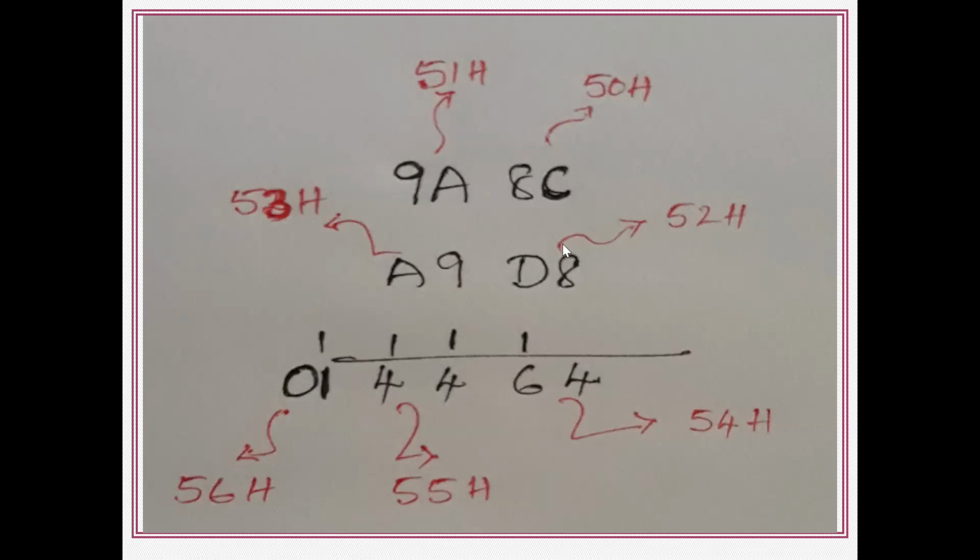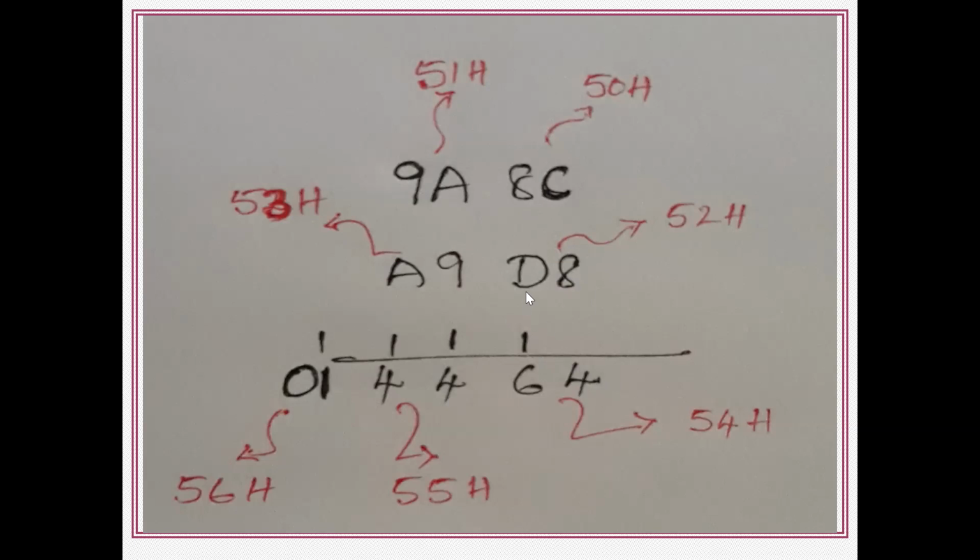So perform the addition operation. C is nothing but 12 in decimal plus 8, that is 20 in decimal. That can be represented in hexadecimal: 20 can be represented as 16 plus 4. So 16 is propagated and then 4 is the result.